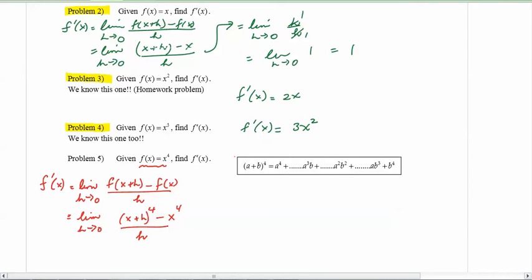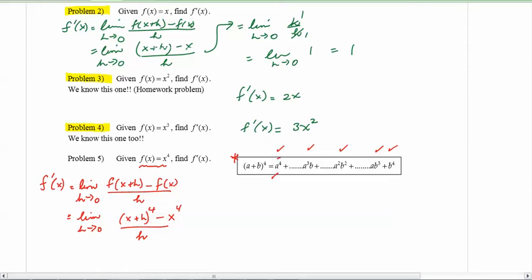Well, if you look in the box over here, remember if you have a plus b to the 4th, there will be 5 terms, count them, 1, 2, 3, 4, 5, and they begin with a to the 4th, and then some coefficient, a cubed b, and then goes a squared b squared, and then a b cubed, and then b fourth.